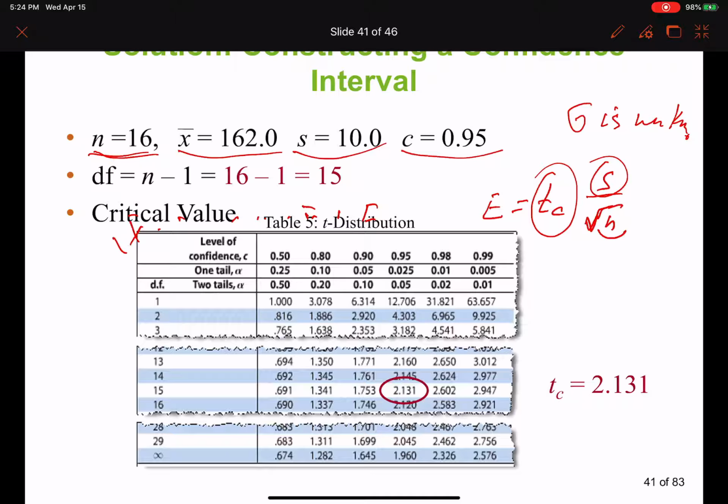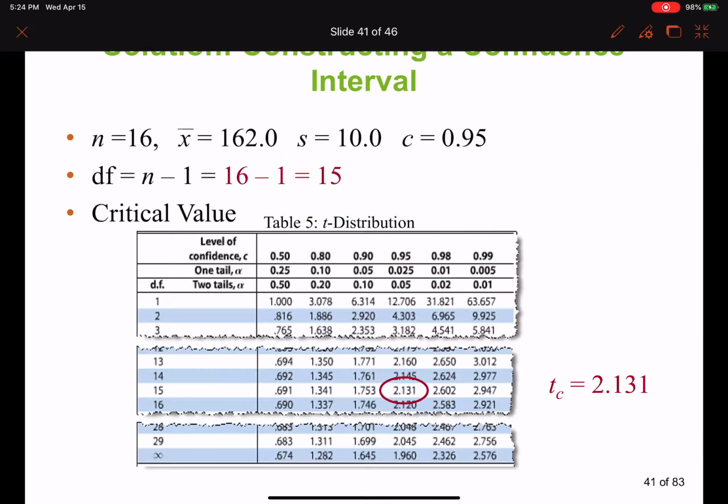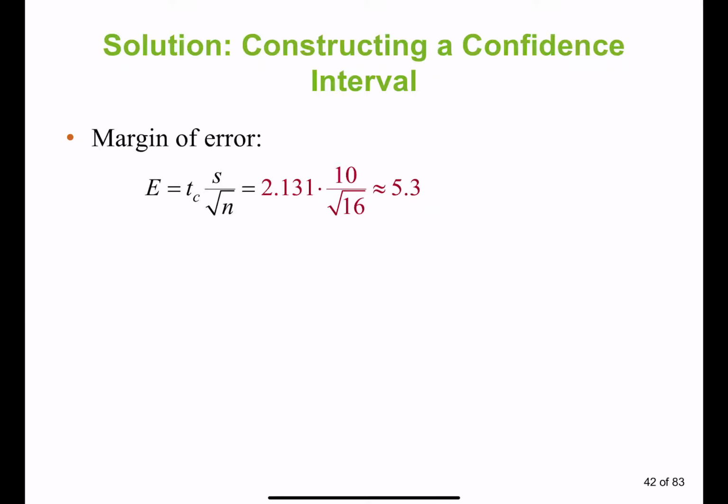Let's understand. Here is 0.95, and the degree of freedom is going to be 15. Therefore, it's going to be 2.131, our t critical. Okay? So once we have t critical, we can easily find the error, correct?